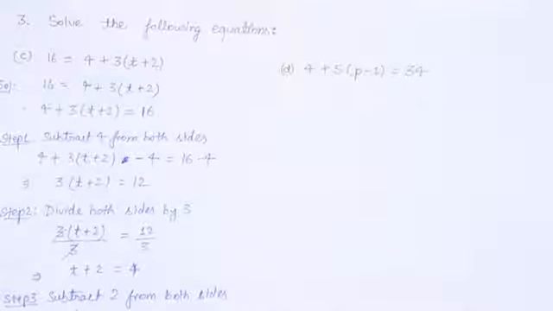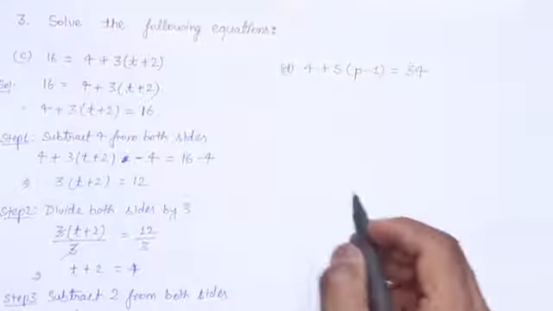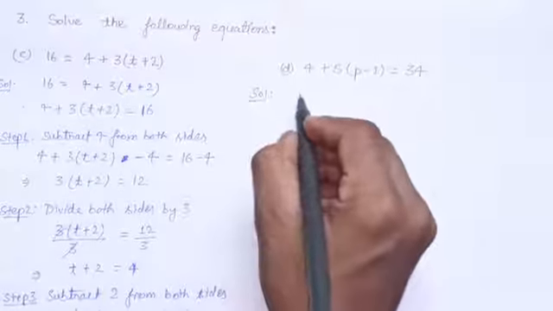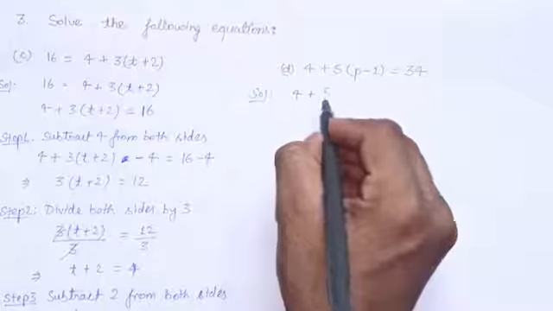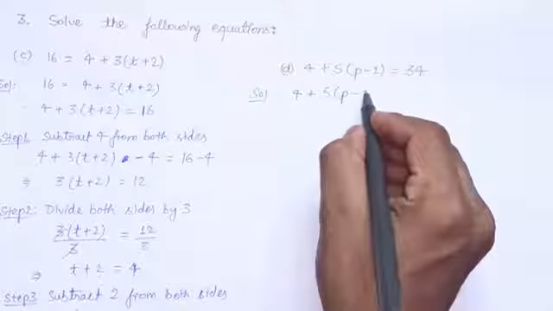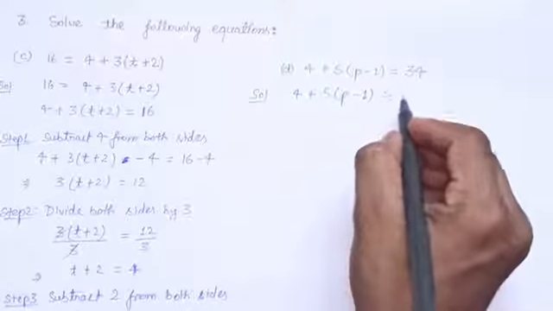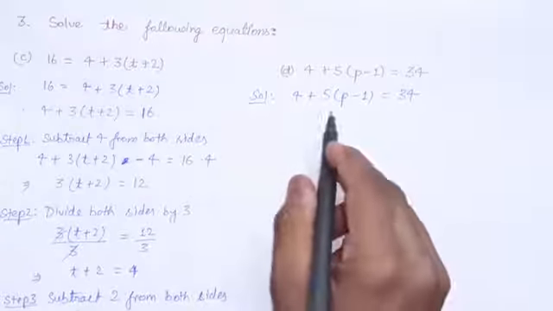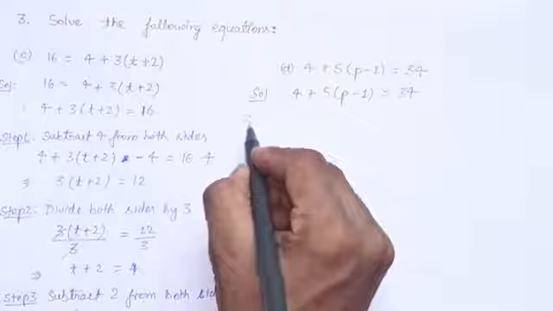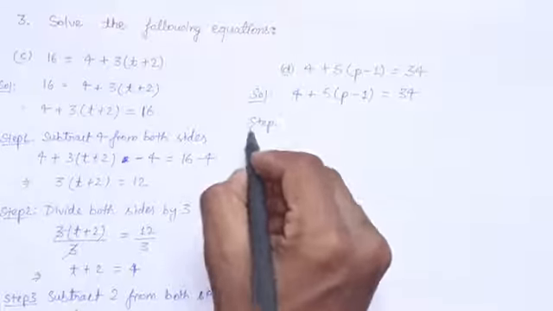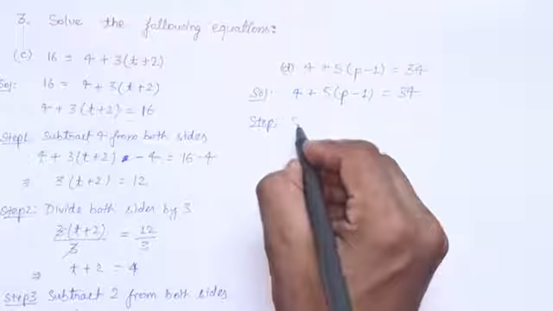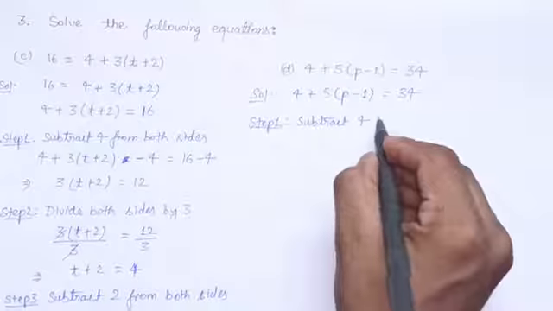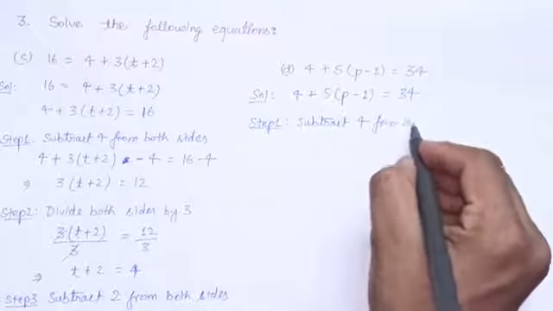So in the next part we are given 4 plus 5 times (p minus 1) equals 34, where p is the variable. So we have to separate the variable p. So what is step 1? In step 1, subtract 4 from both sides.